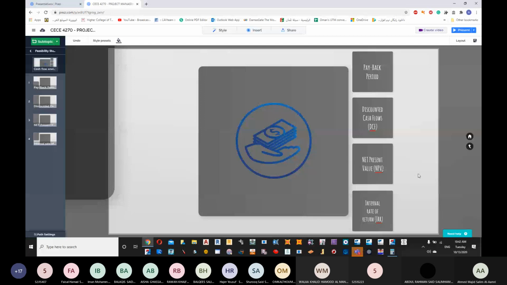We call it a BOT. You will learn it later on. It's a build, operate, transfer. So the company who is going to build that particular project is going to build it and get the investment for a certain period. After that period, it is going to be transferred to the government.